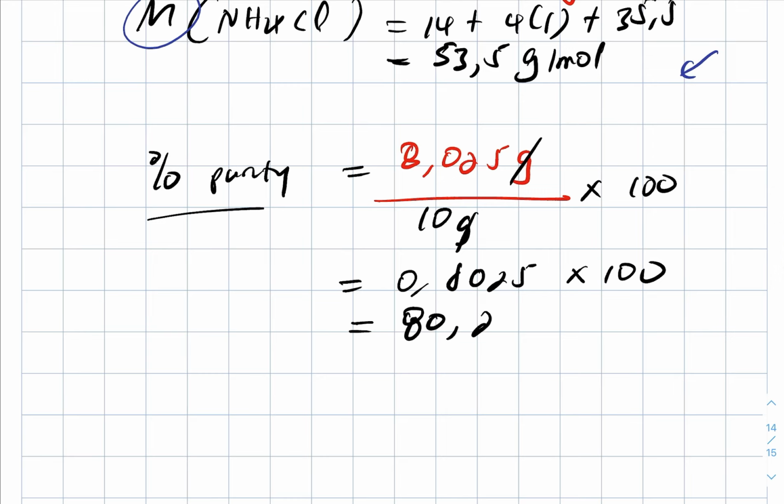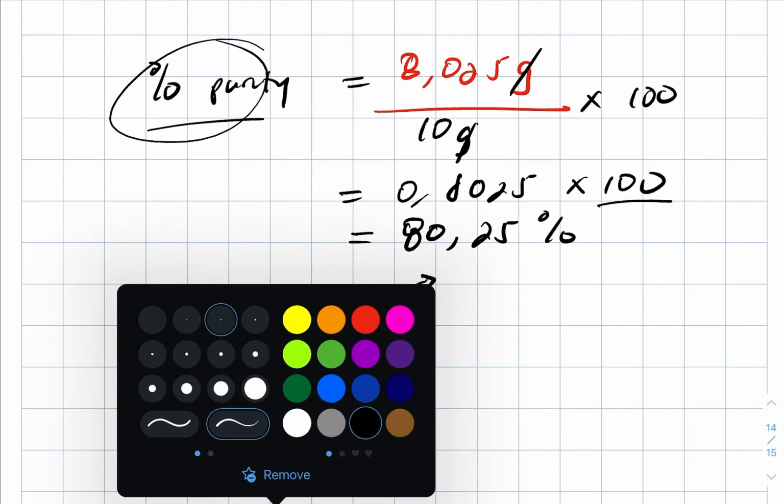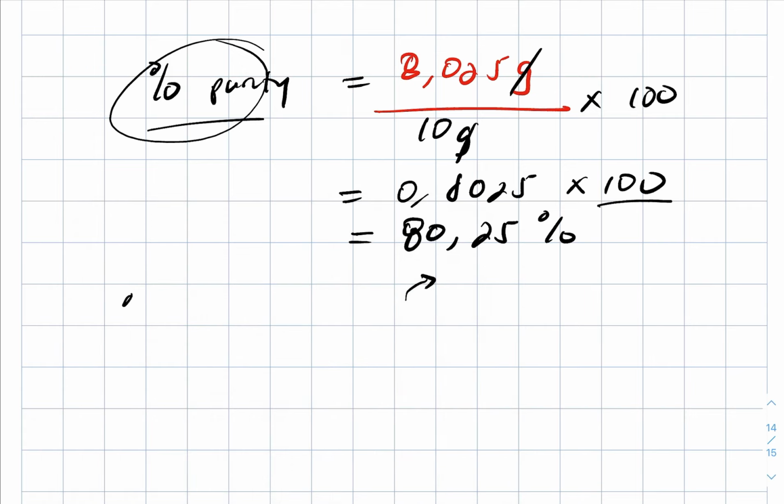That's going to be your percent purity. However, the question was looking for percent impurity, not percent purity. Now we need to find how much is left from the 100%. That would be the percent impurity.